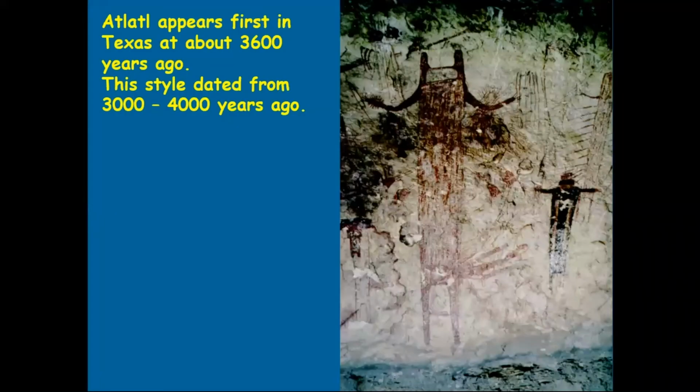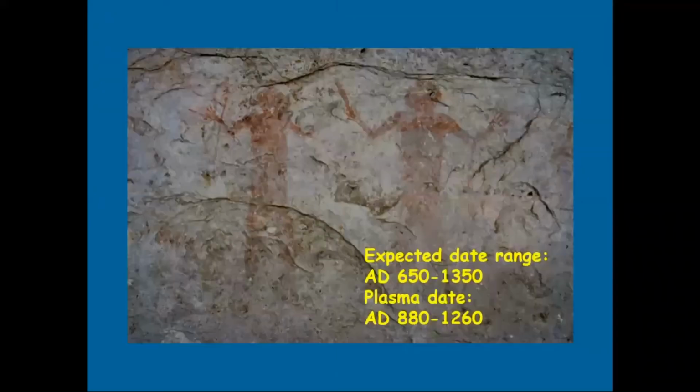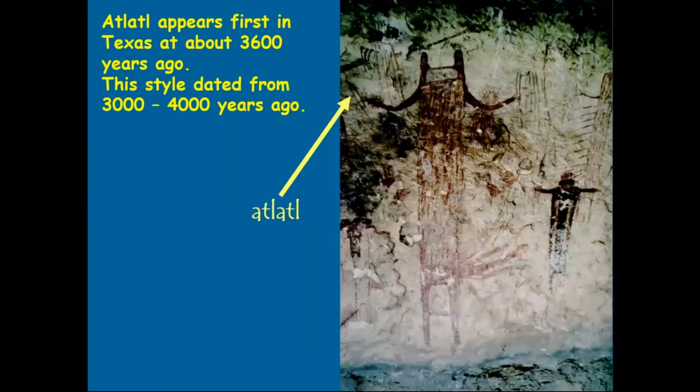This one shows, strange, an atlatl being held in the hand of this human-like figure, though not really a human figure. And the atlatl was introduced in Texas about 3,600 years ago.